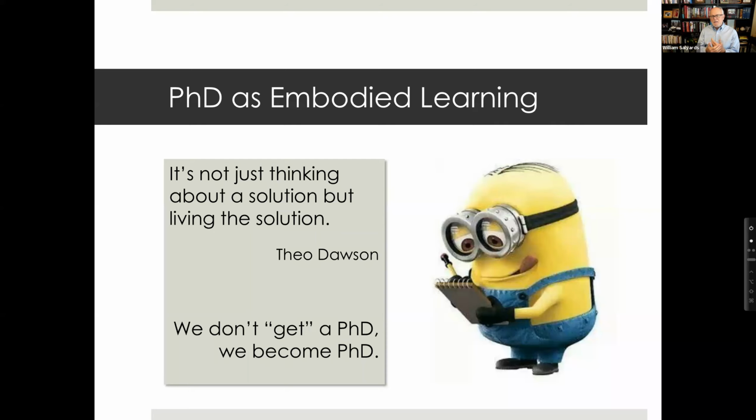I think of this as embodied learning, where the elective phase begins a journey for you and for me, where your learning in this is from the inside out, as it were. You're learning about yourself. You're learning about your assumptions. You're learning about your biases. You're learning about what you don't know. I like the way Theo Dawson says it, that it's not just thinking about a solution, but living the solution.